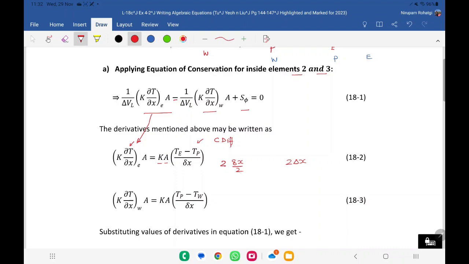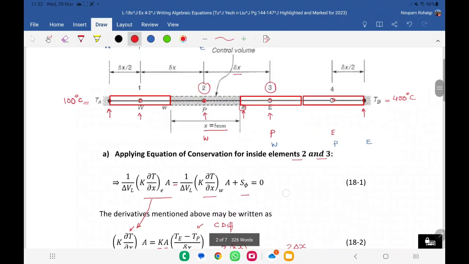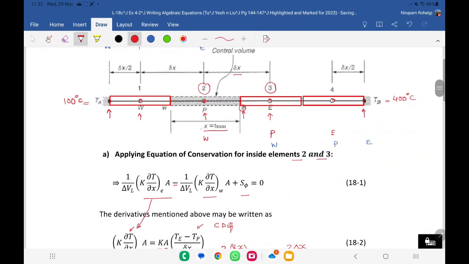But here delta X is delta X by 2. You can see here, delta X is this much, and this much is half delta X. This is half delta X, and this is also half delta X. Okay.